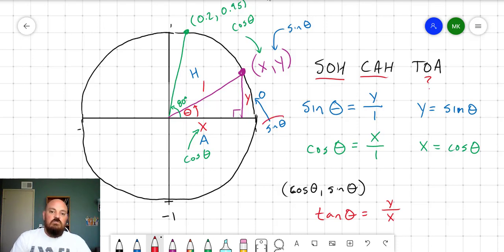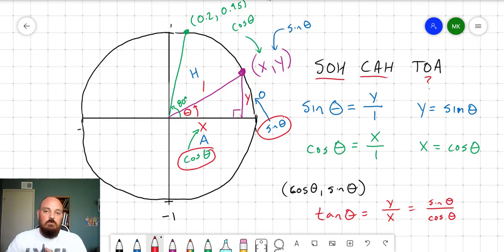But we just figured out these have other values. Y is sine theta, x is cosine theta, and there's another thing you've learned before. I know that most of you knew that tangent is sine over cosine, but now you can see why. That comes from the unit circle as well, or from SOHCAHTOA.